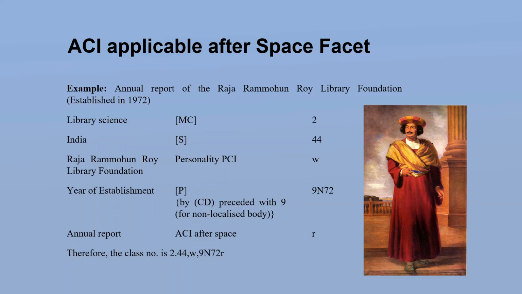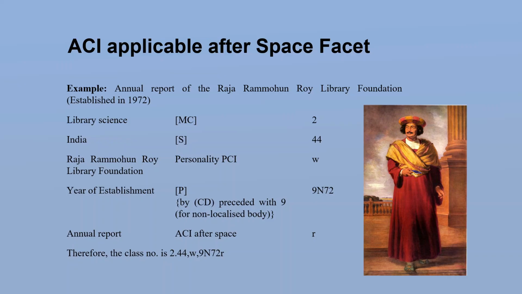So we get the class number 2.44, then small w, that is the institution personality PCI for denoting the administrative department. It was established in 1972, so the personality facet is to be obtained by N72 preceded by 9.